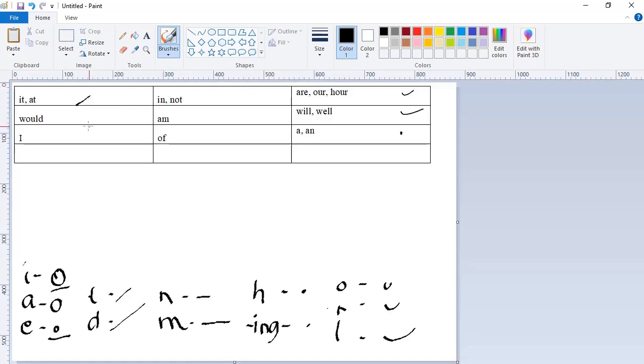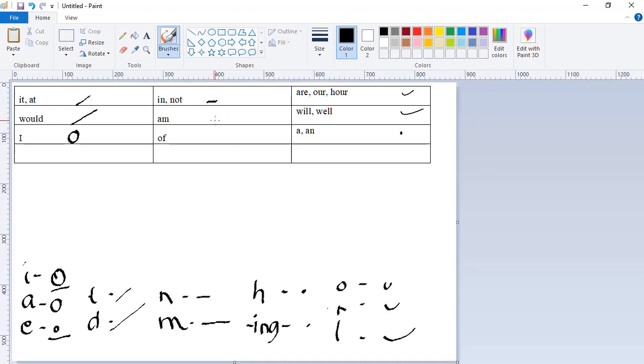Oh, please, I am assuming that you are writing down everything. Right? Like this. It and at equals, ayan, forward slanting line. Would is represented by our D stroke. I is represented by your A circle. In is represented by your N stroke.